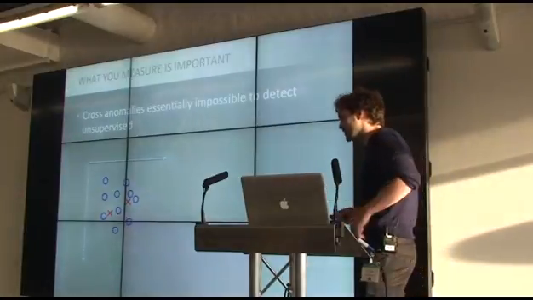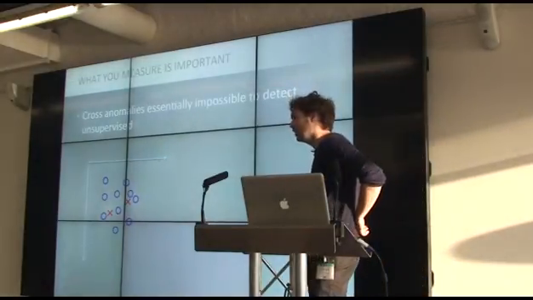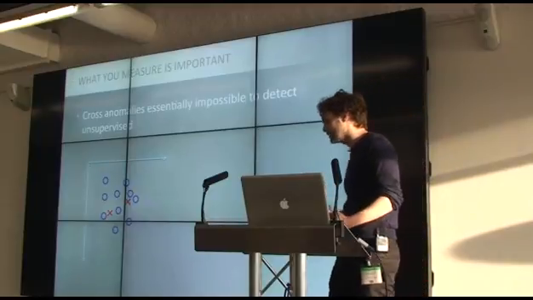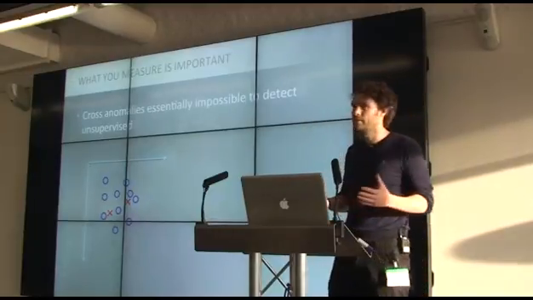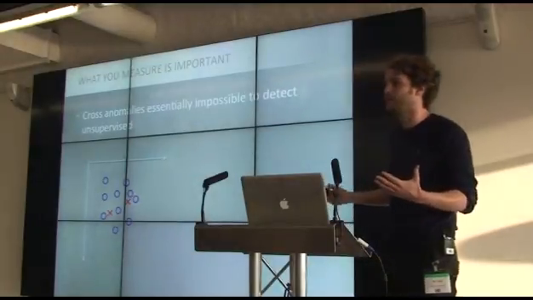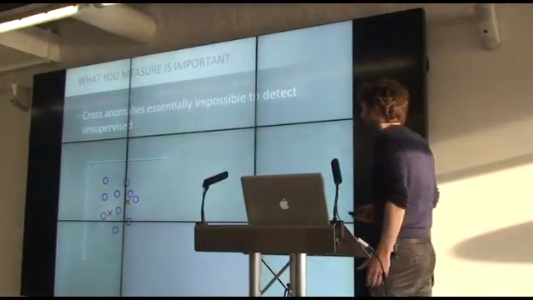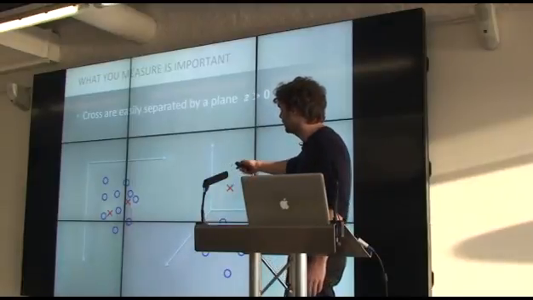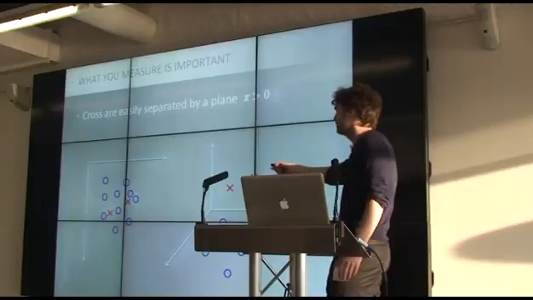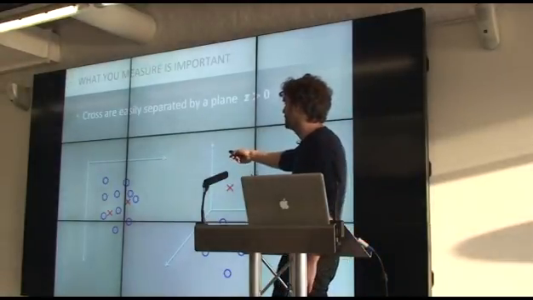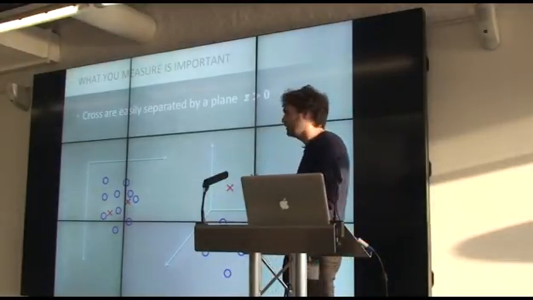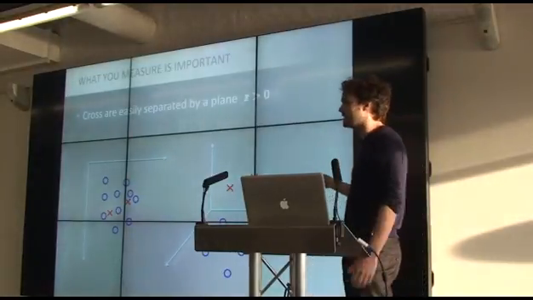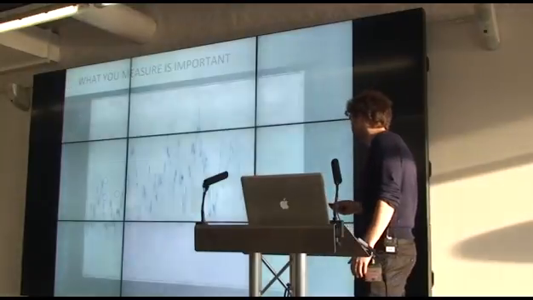So basically what you measure is very important, and most anomaly detection happens in an unsupervised environment. You don't have someone who's marking up what they want to know about. They want you to tell them what's unusual in their data set. In this case, the figure on the left, you obviously can't, in an unsupervised fashion, differentiate those crosses from those circles, but if you happen to measure the right feature, they become very simply separable by some plane, at z greater than 0.